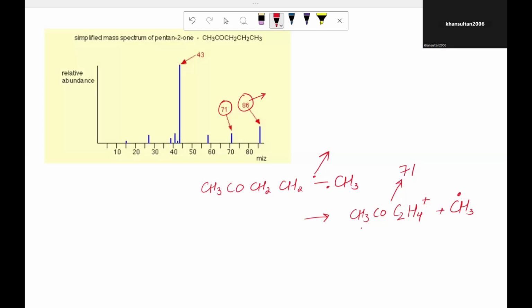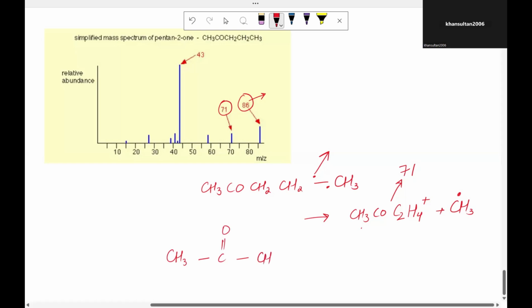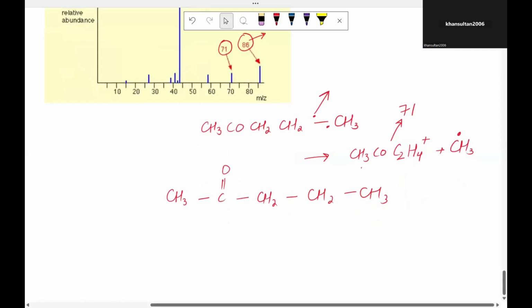So from where are we going to have this peak of 43? That is CH3, C double bond O, then CH2, CH2, and then CH3. You can see that this one has a molecular mass of 43. So what is going to happen then?